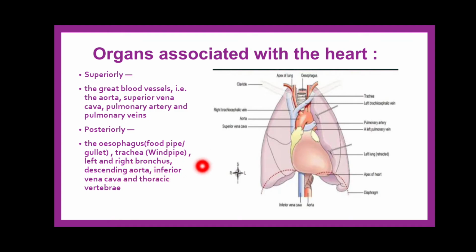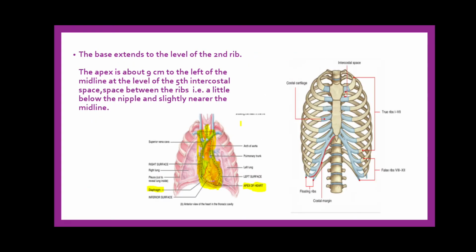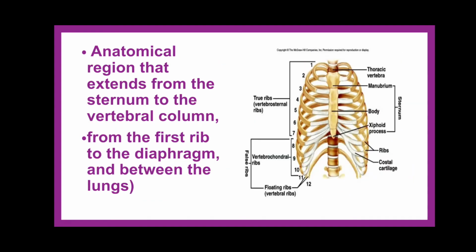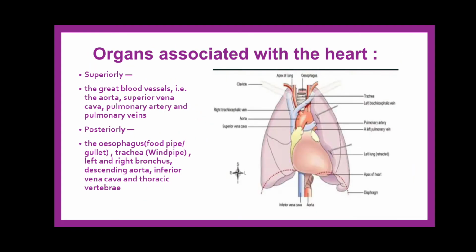These are the thoracic vertebrae. Then the inferior vena cava is there, and the major ones are the esophagus and the trachea. And superiorly, if you see the very first diagram, as you can see, there is the aorta, pulmonary trunk, superior vena cava, pulmonary veins. So this was about the superior and the posterior.